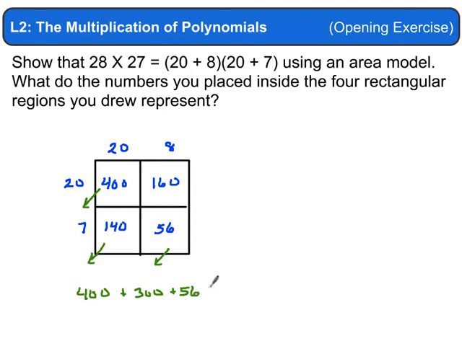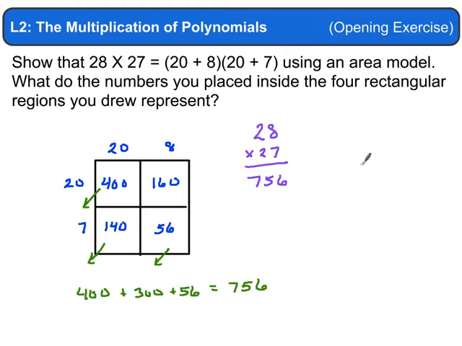So the idea would be that if I add these three numbers together, I'd get 756 using the area model, which would be the same thing if we took and multiplied either in this fashion here. If we took 28 and we multiplied that by 27, and I won't do all the work, if I multiply those together, I would get 756 to match.